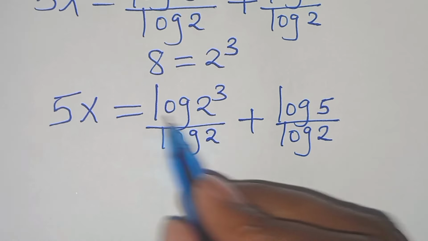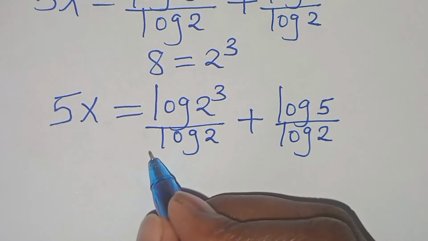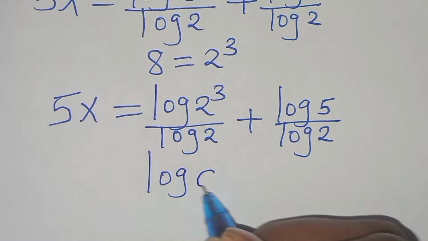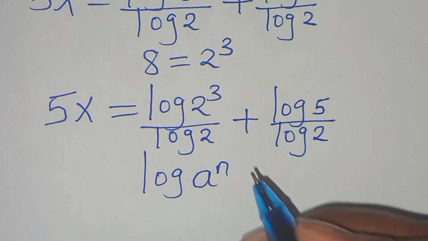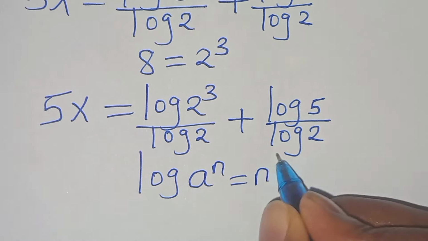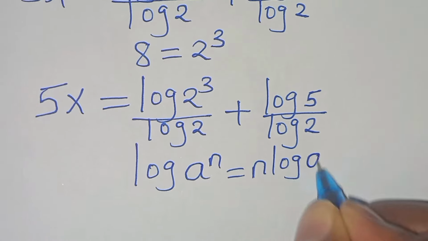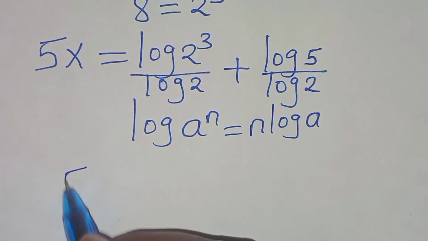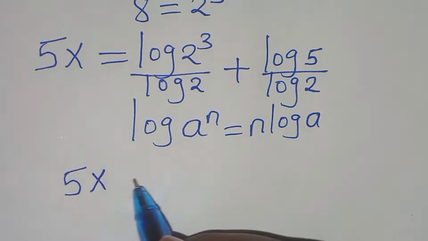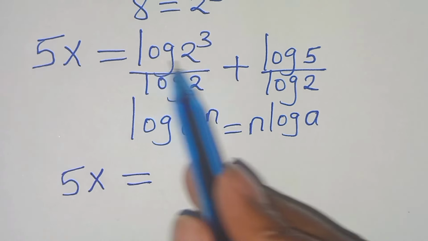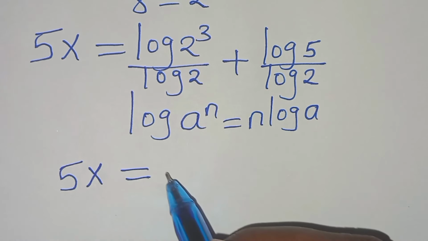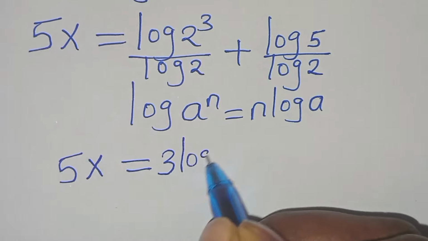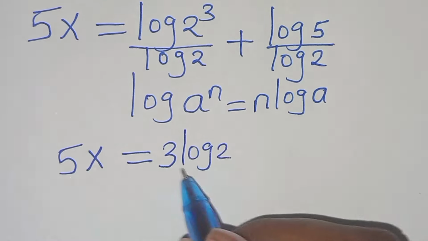Then you find that log 2 to the power of 3, this is in the form of log a to the power of n, which we can express as n log a. So let's apply this power rule property again here. So we have 5x. This is equal to log 2 to the power of 3 becomes 3 log 2 divided by log 2.